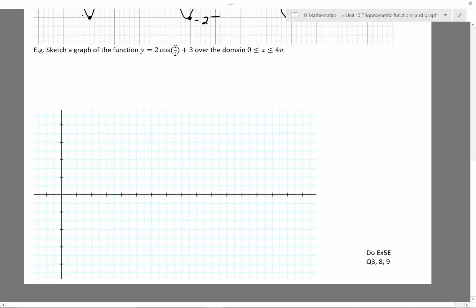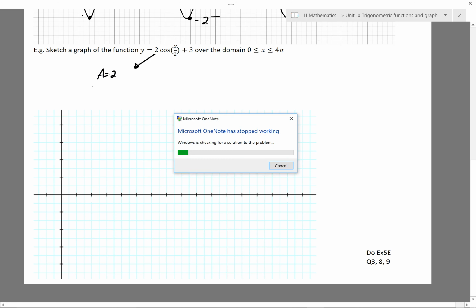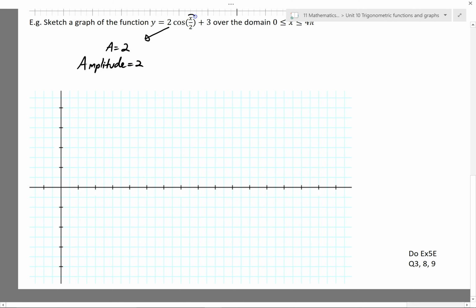This one is a cosine graph. It's a positive cosine graph. We should be able to identify these things pretty easy. A equals 2. So my amplitude is 2. A little bit harder is trying to find the b value. People typically think the b value is 2. X over 2 really means a half times x.